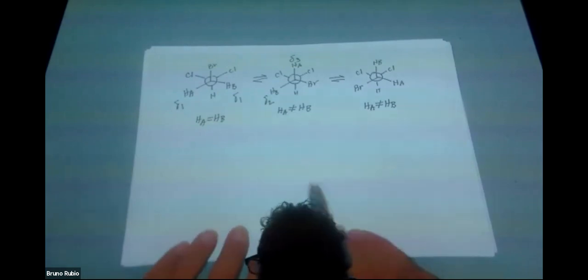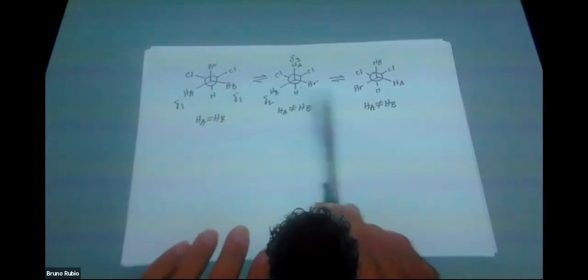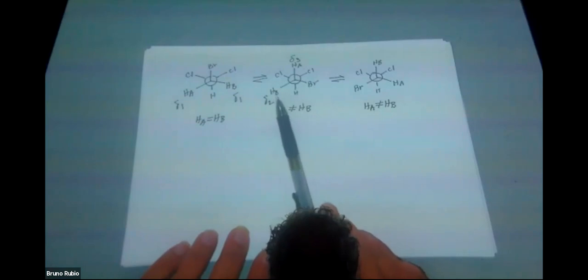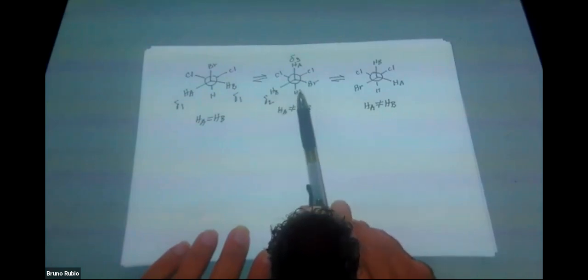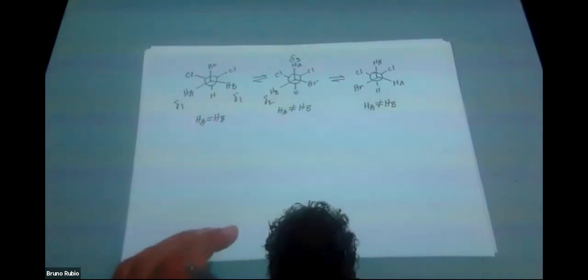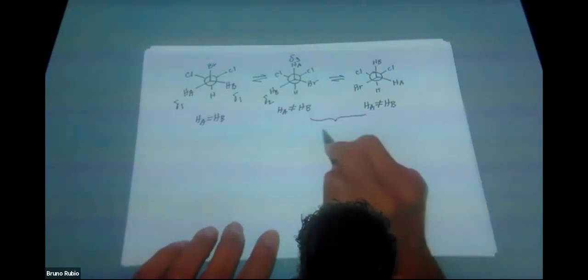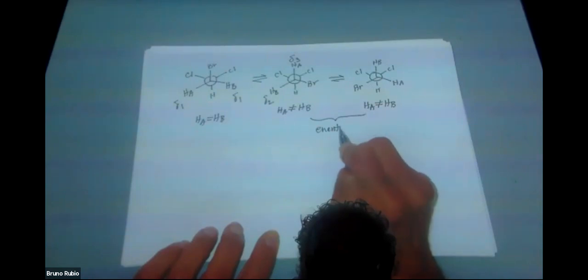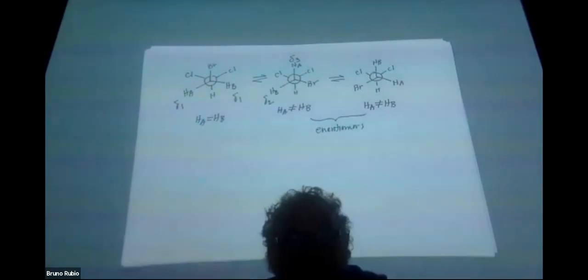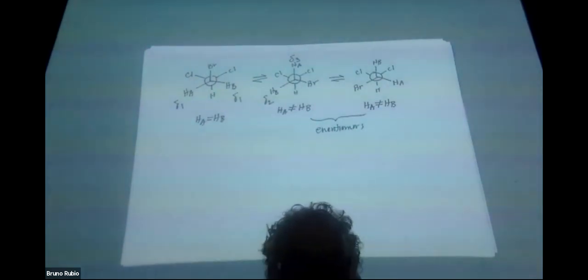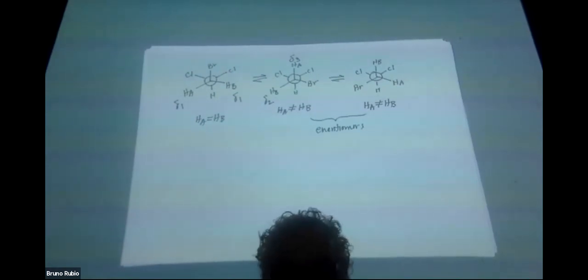Well, what we notice here is if we were to remove the labels, the A and the B and the C, these two are enantiomers. And one of the things that we know about enantiomers is that enantiomers have the same properties unless they are interacting with other chiral substances.